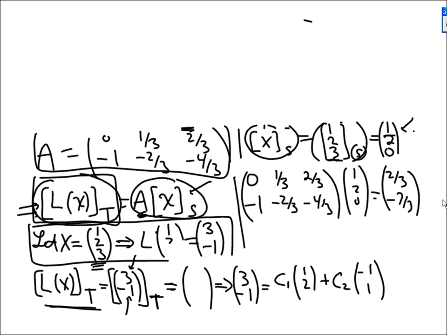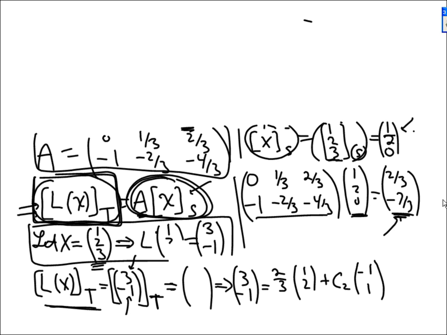We computed A times the coordinates of vector x with respect to S, and here is my answer. And on the left side, we want L of x, the coordinates with respect to T. Well, are these numbers really correct? These answers.